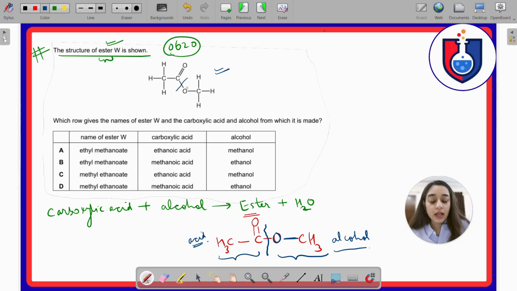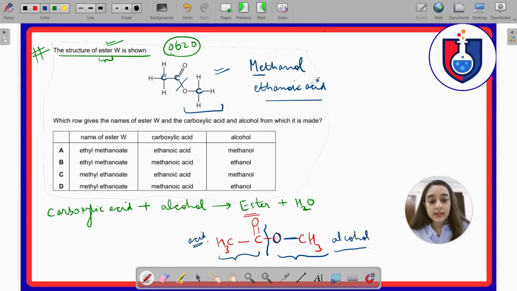We have put a cut. This is from the alcohol portion. Now this contains one carbon. So the alcohol must have been methanol. Meth means one carbon. The second half, which has the double bond O, has two carbons. So the acid of two carbons is your ethanoic acid.